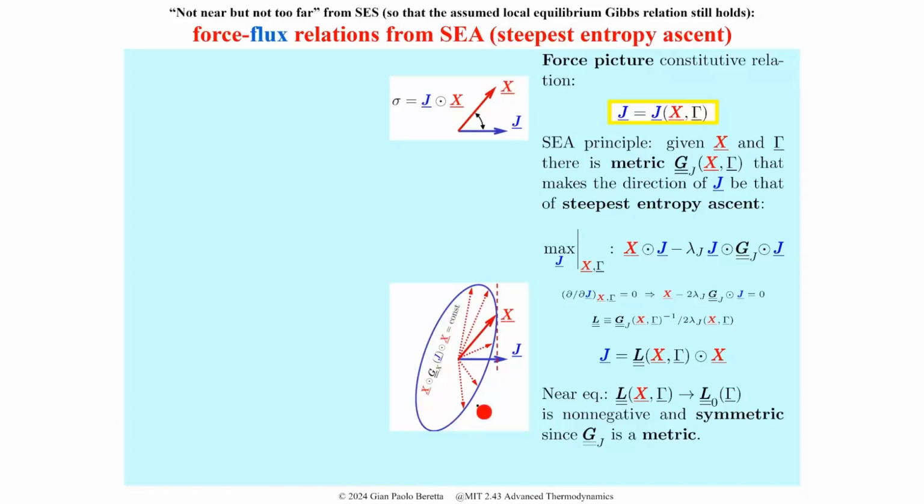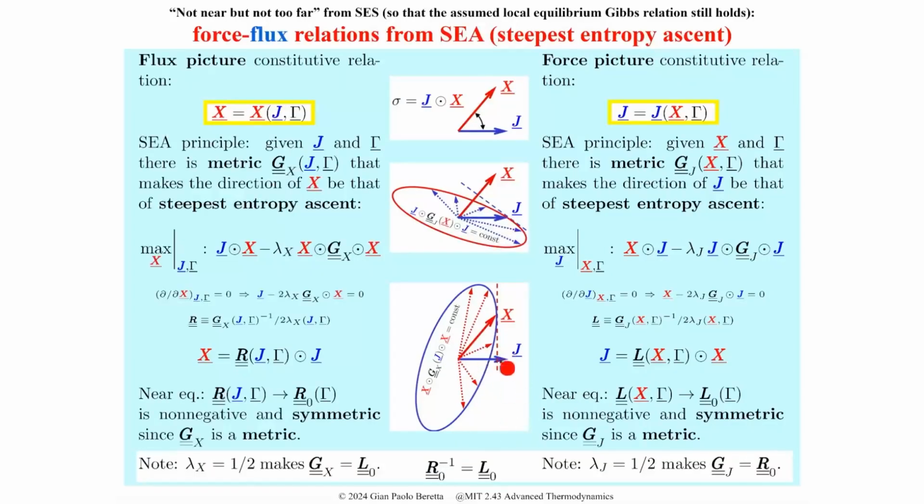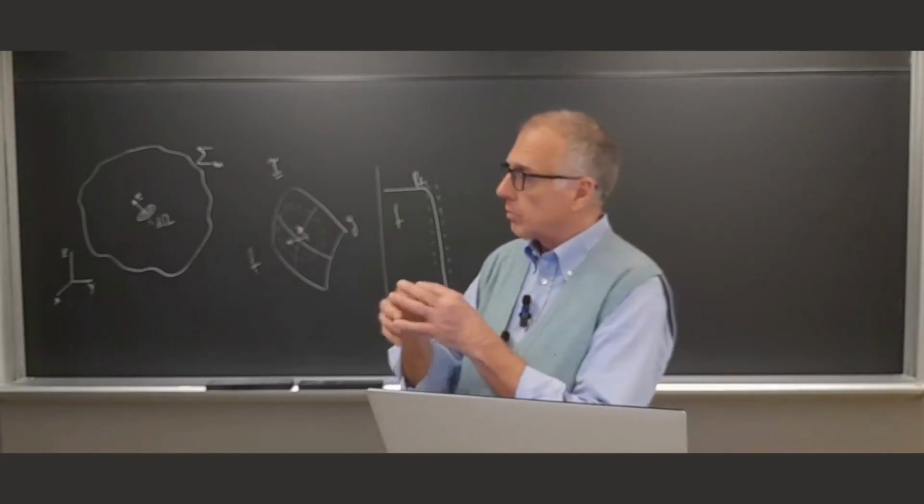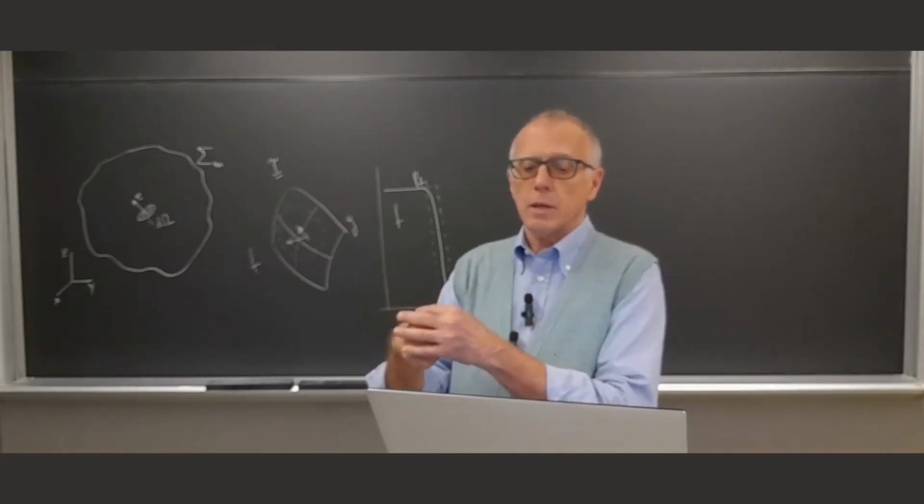This time, it's the effort for the system to set up a gradient in temperature so as to contrast the flux of heat that you have imposed in it. And of course, when you get close to equilibrium, then you go to the linear regime.